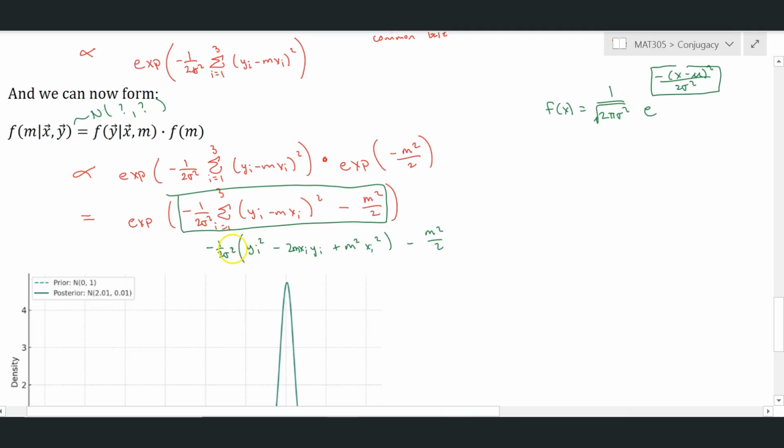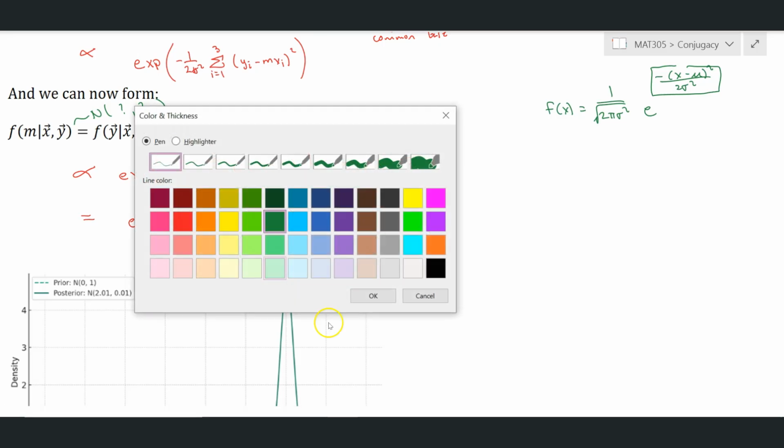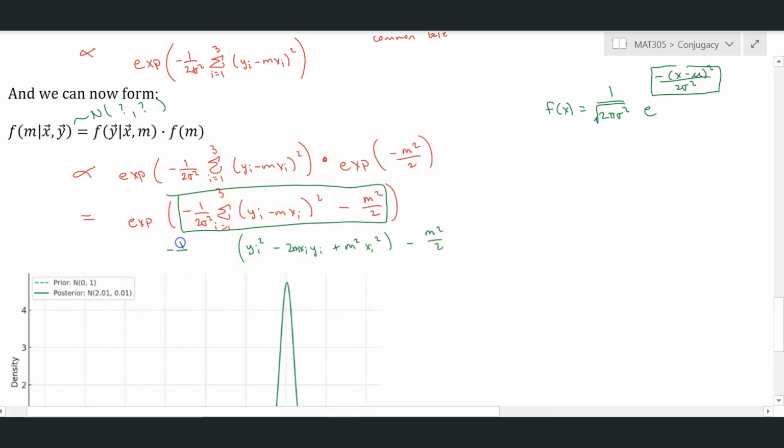We forgot the summation, so let's put it back in there. It's going to be negative 1 over 2 sigma squared, sum from i equals 1 to 3. Now the sum distributes just fine over these three terms, so let's go ahead and do that. I'm going to leave that negative 1 over 2 sigma squared factored out for now. Then I'll have the sum of the yi squareds.